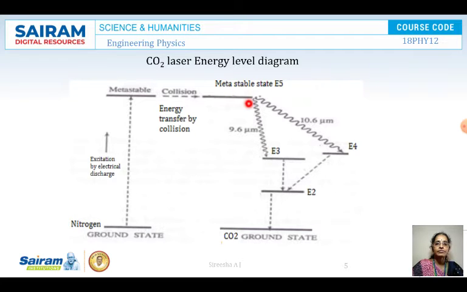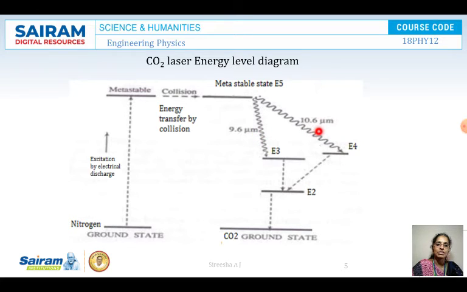The moment the number of atoms keeps increasing in the E5 state of the CO2 molecule, population inversion has been achieved. Once population inversion has been achieved, the transitions from the E5 state to the E4 state and from E5 to E3 lead to spontaneous emission and stimulated emission.